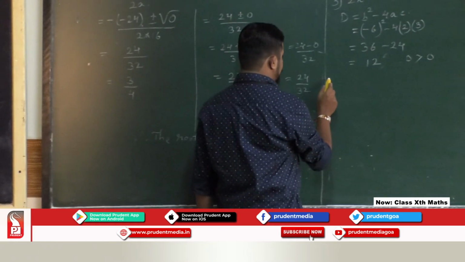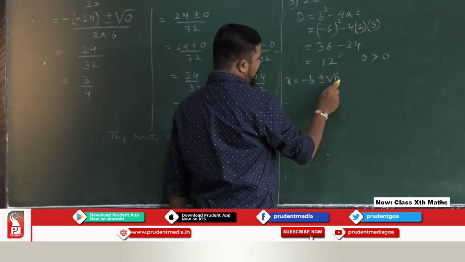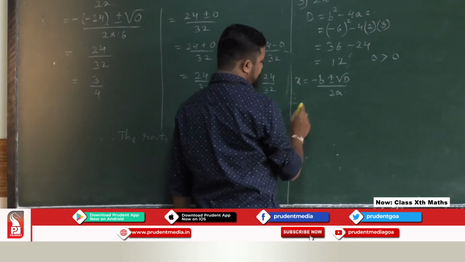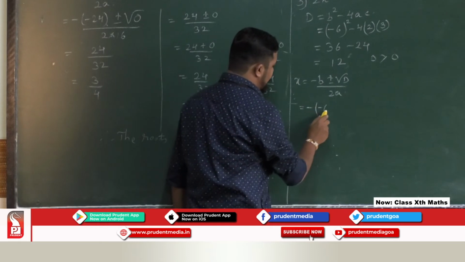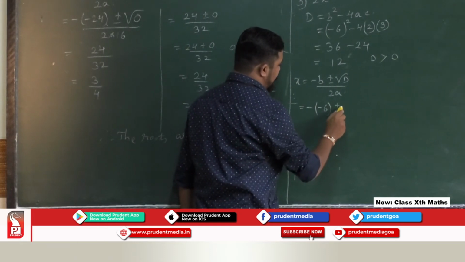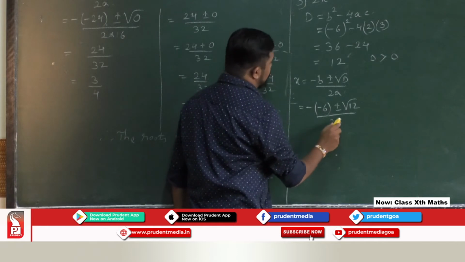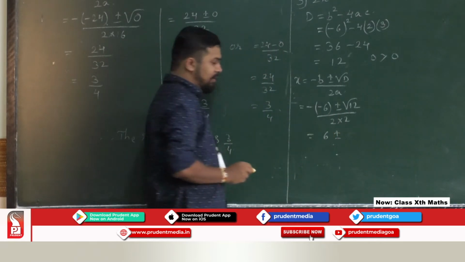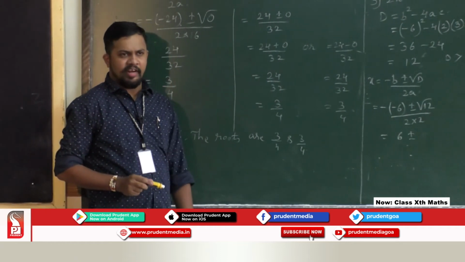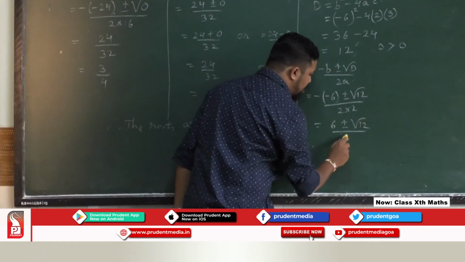Let us find our roots. Minus B plus or minus root D upon 2A. B is negative 6, so negative of that is 6, root 12. Now we don't get the root of 12 because it's not a perfect square, so let us write the same root 12. 2 2s are 4.